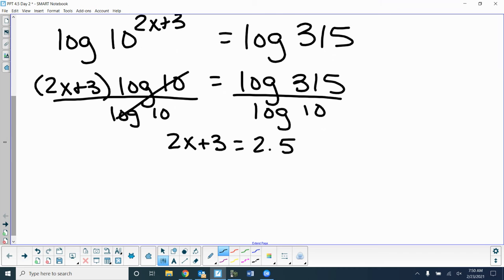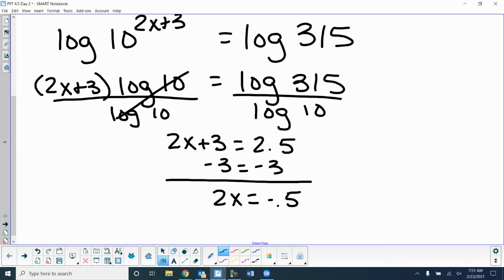Subtract 3 and divide by 2. So that's negative 0.5, right? I believe. And then divide by 2, that'd be negative 0.25.